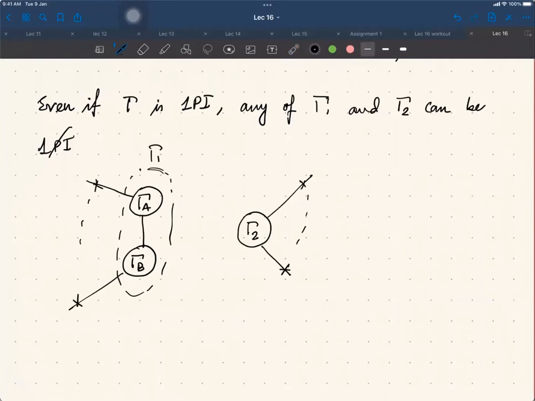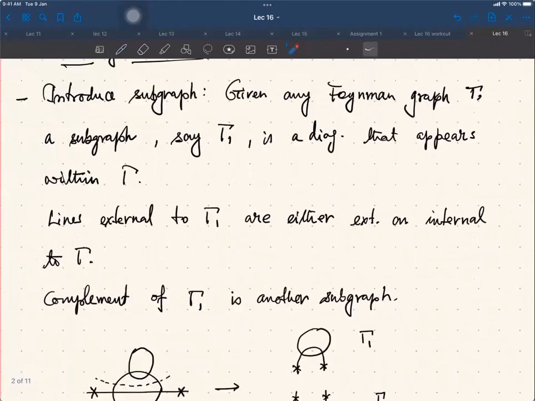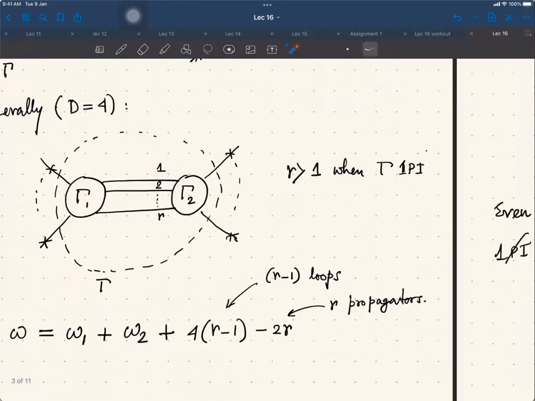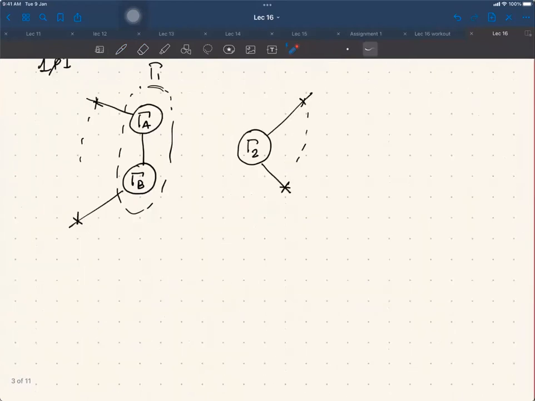Now there are a number of internal lines connecting gamma 1 and gamma 2. These are the r number of lines that I'm talking about. I have separated out gamma 1 into gamma A and gamma B, which are connected by only one line.